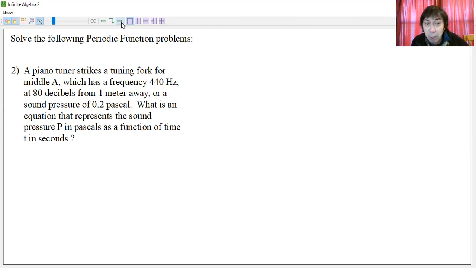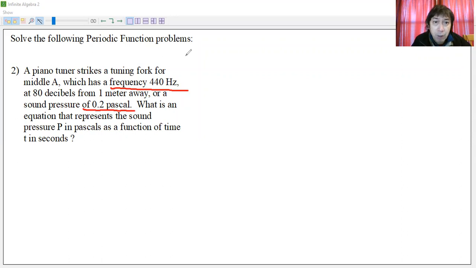Okay, we can get the amplitude from the 0.2 Pascal, okay? We can get the amplitude, it's over here, sound pressure of 0.2 Pascal. We can also get the small b from the frequency, okay? Now, 80 decibels will not be used. 1 meter distance will not be used, okay?